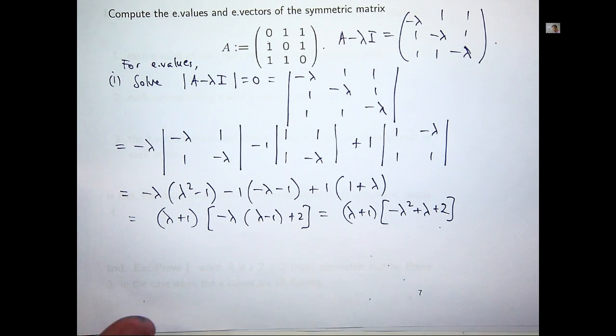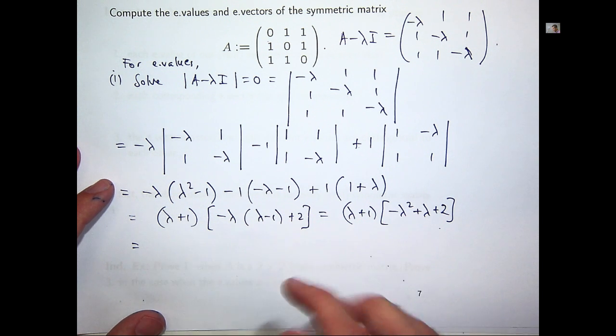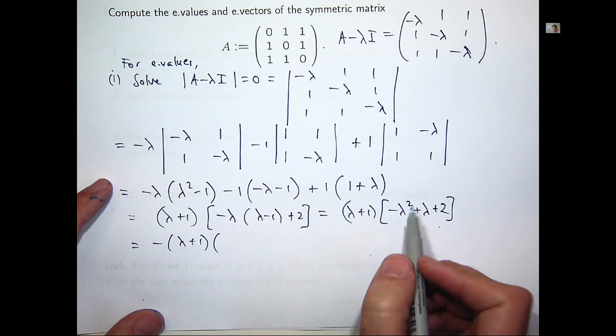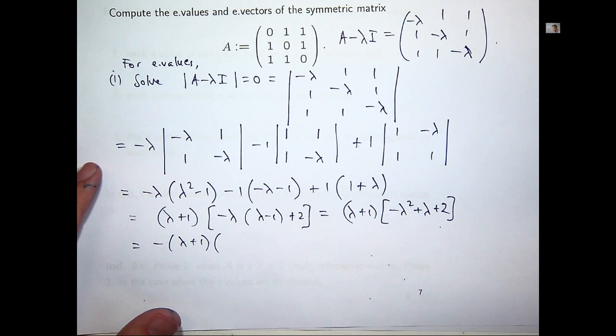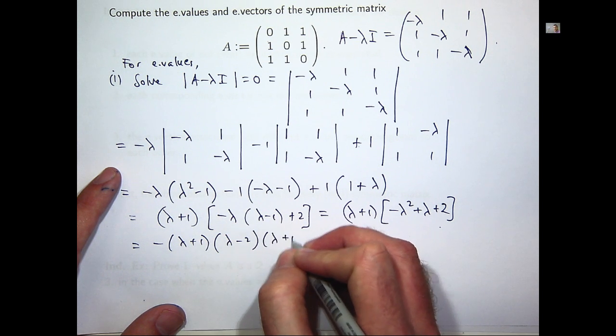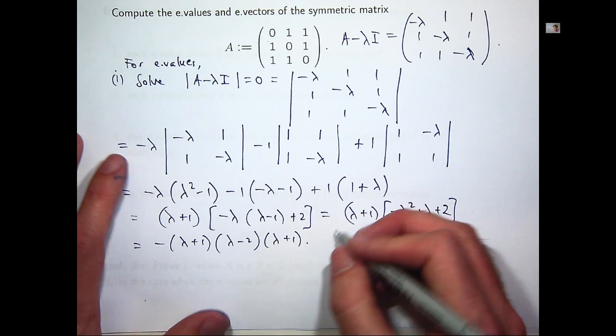I can factorise that again. Just to make it a little easier, so I've got a positive lambda squared, I'm going to take a common factor of minus 1 out the front. If I do that, I can come up with the following factorisation. Okay, so now we're in a good situation because we can get our roots. Lambda's either minus 1, positive 2, or minus 1.